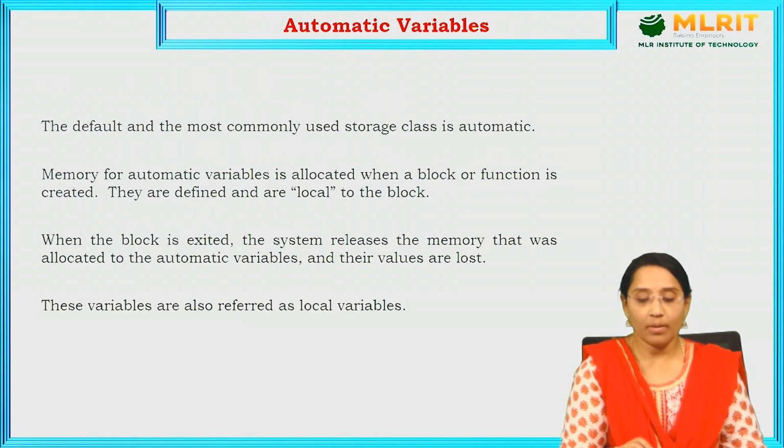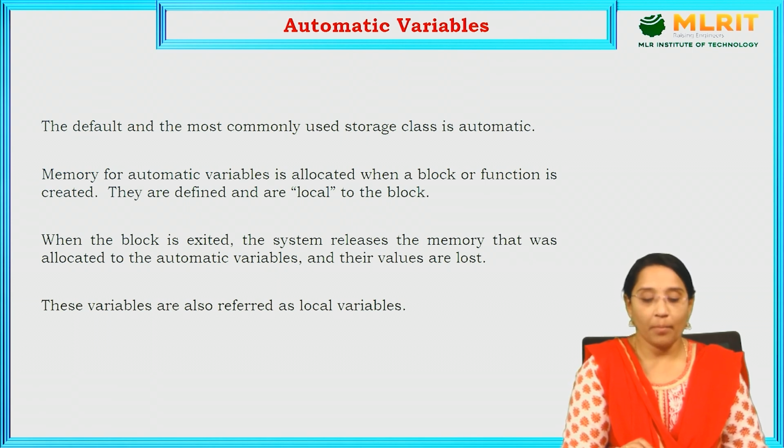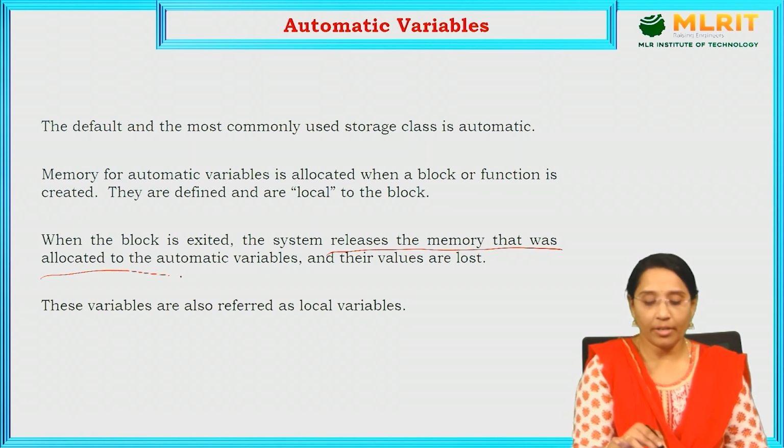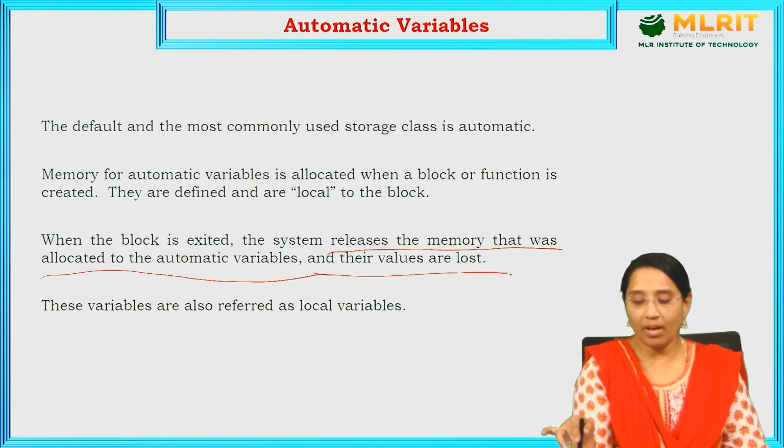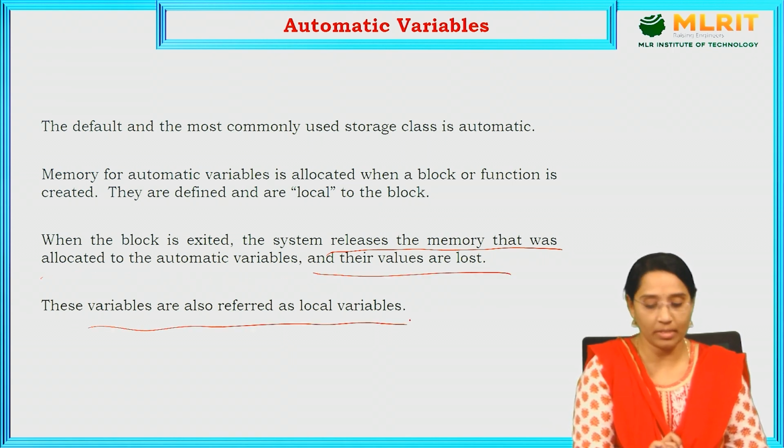The default and most commonly used storage class is automatic. Memory for automatic variables is allocated when a block or a function is entered. They are defined and are local to the block. When the block is exited, the system releases the memory allocated to the automatic variables and their values are lost. So those variables are referred to as local variables.